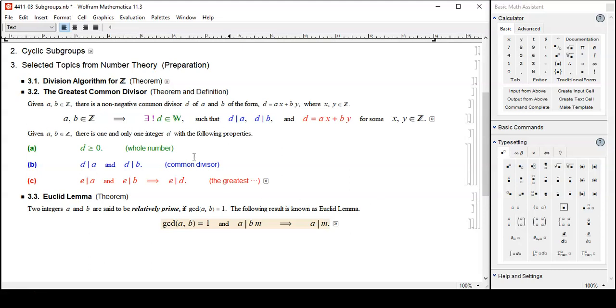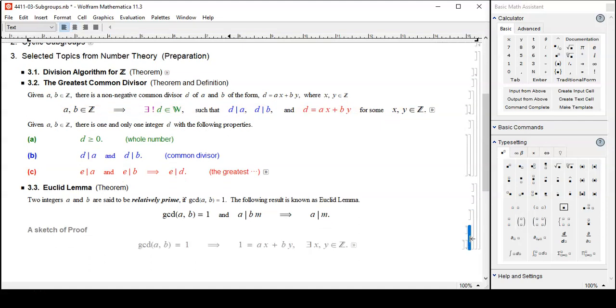Let's prove it using the greatest common divisor, especially this linear combination form. How do you do that? Well, here's a sketch. Let's begin with this observation. GCD is 1, and that's the greatest common divisor. So 1 is ax plus by for some integers x and y.